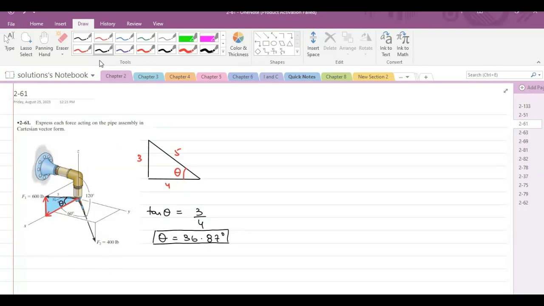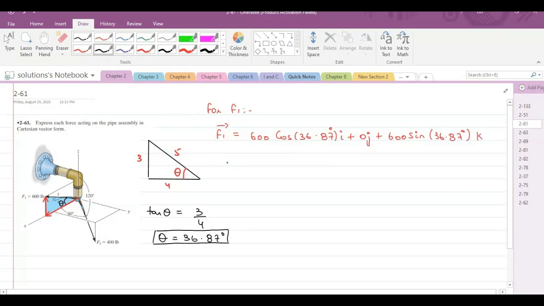So the F1 force in terms of Cartesian vector form becomes 600 cos theta, which means cos 36.87, i, plus, since it has no component along the y-axis, 0j, plus 600 sine 36.87 degrees k.